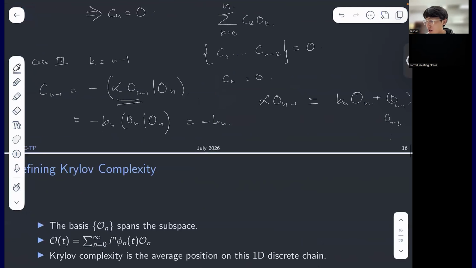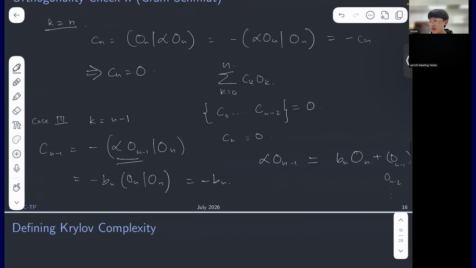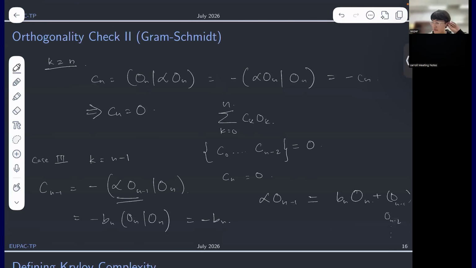Jasper, just a little bit of a doubt here. You said that for On, we would not need to subtract On minus 2. When you apply the Liouvillean to On, there will be zero overlap with On minus 2 and On minus 3, right?